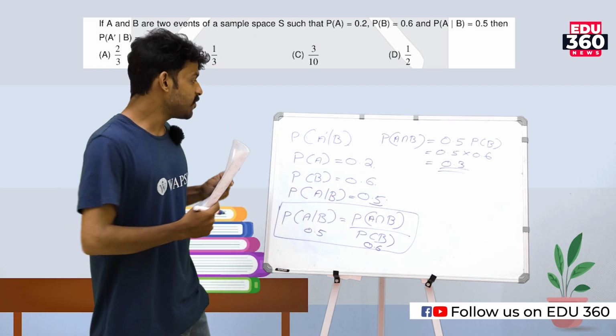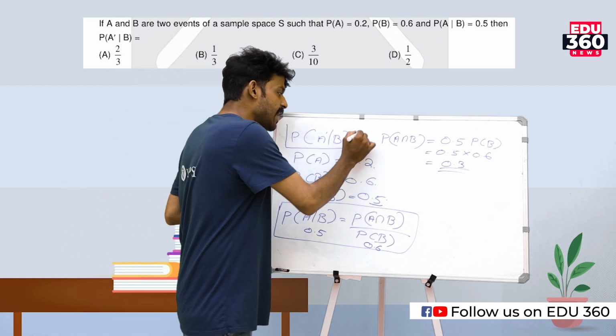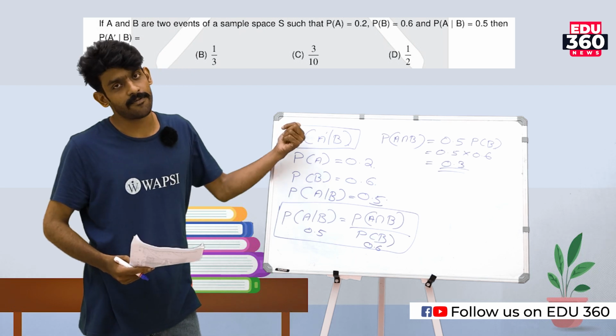So here in the question we need to find P of A dash bar B. We need to find the answer of this.